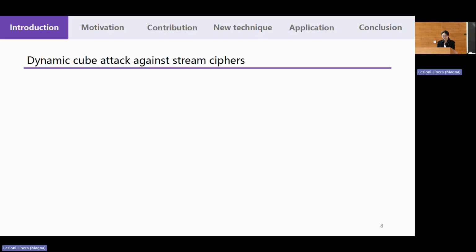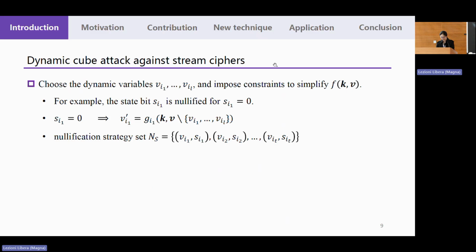The dynamic cube attack is a variant of cube attacks, which is extensively applied to the Grain family of ciphers. The basic idea of dynamic cube attacks is to simplify or even nullify the ANFs of several critical intermediate state bits.